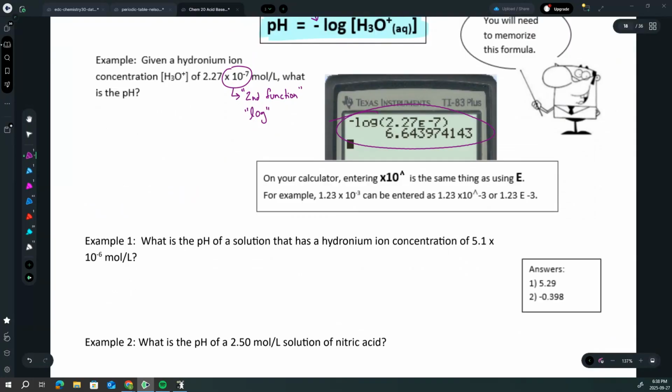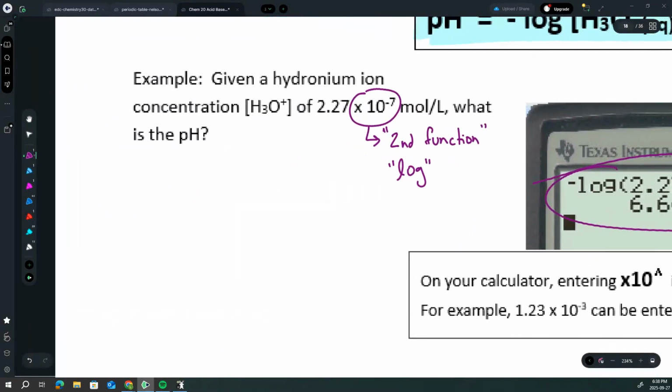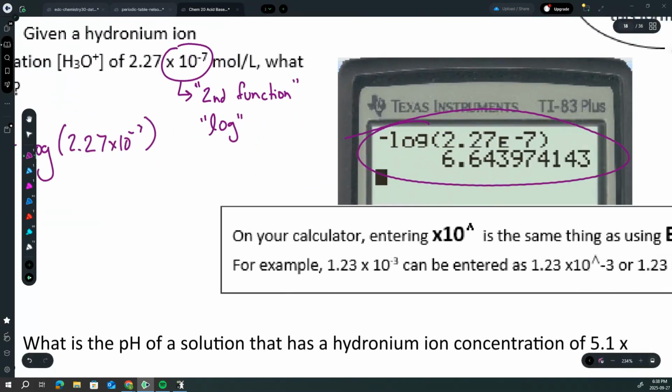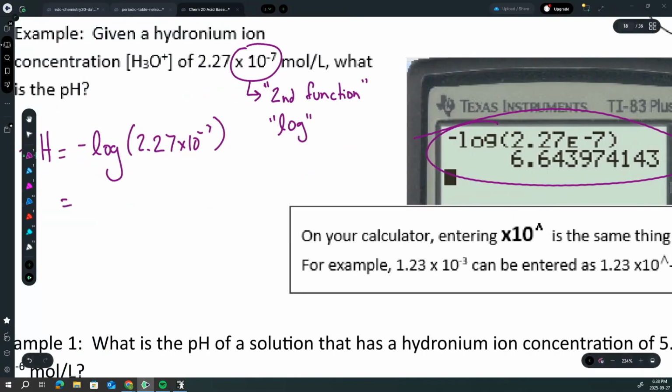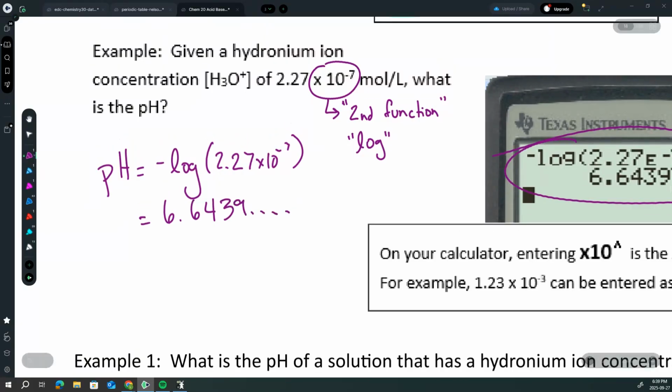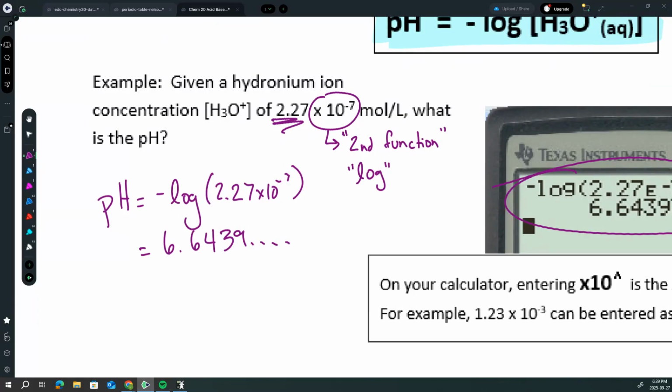If we were writing this, what I would expect you to show for your work would be negative log of 2.27 times 10 to the power of negative 7. From our answer here, I'm not going to round it just yet, so I'm just going to go to the first 4 digits after the decimal, 39... Since this is concentration, this has 3 sig digs.